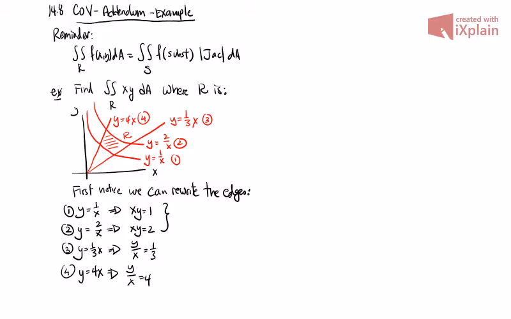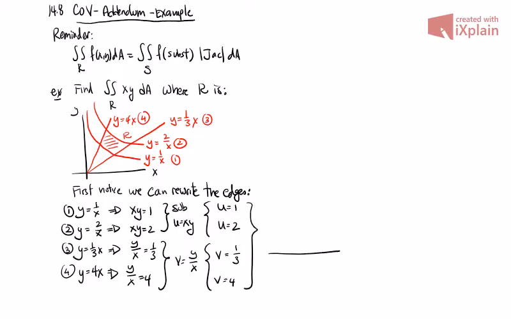Up here, I'm going to substitute u equals xy, and down here, v equals y over x. Then this changes the lines. You can rewrite this all together. The first line becomes u equals 1, u equals 2, v equals 1/3, and v equals 4. This tells us our new region.